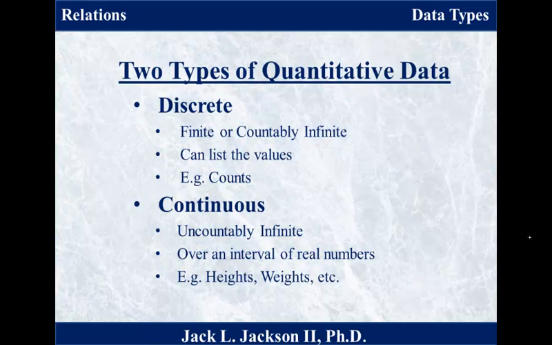So, for example, if I'm measuring the height of something, I may round it off to, say, the nearest inch or the nearest centimeter, but if I had a fine enough measuring device, I could measure it finer and finer and finer, all the time, so that I can get a more and more precise measurement. So, in fact, every possible value on a number line could maybe be a height. Well, say from 0 up to at least some maximum height.